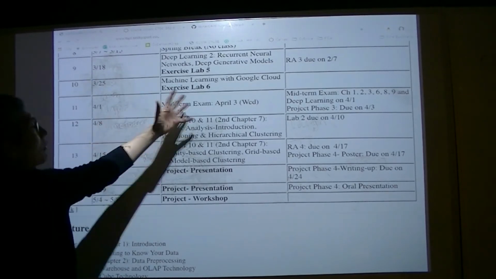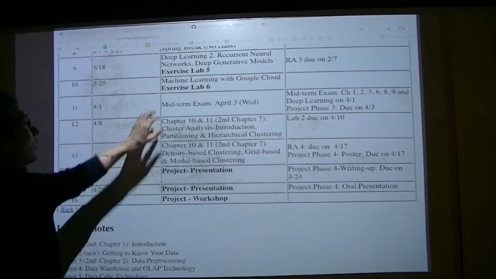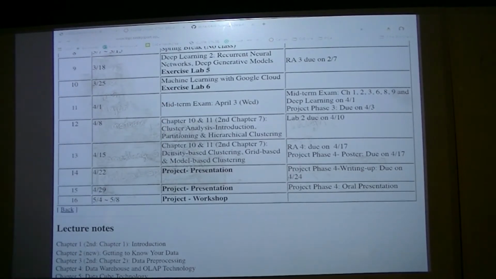Instead, in the middle of the semester, I'm going to have a one-time exam. Right now it's April 3rd. It depends on the progress of the project and the lecture. I will confirm when we are going to have the exam. But the more important things are the lecture and projects A and B.